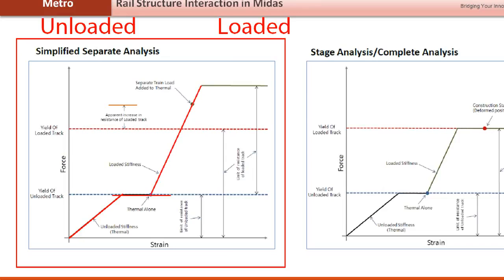Again the loading will follow the loaded stiffness. So if the unloaded stiffness is 20 kilonewton per meter and the loaded stiffness is around 40 kilonewton per meter, the total stiffness generated in the links will be around 60. So it doesn't give the proper interaction between the unloaded and loaded stiffness.